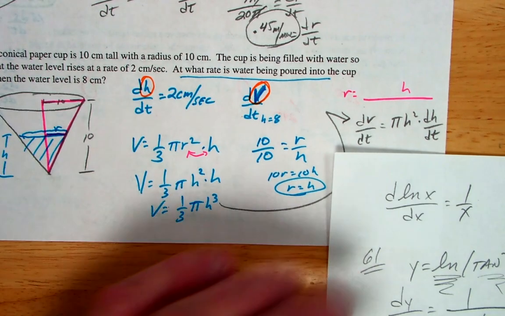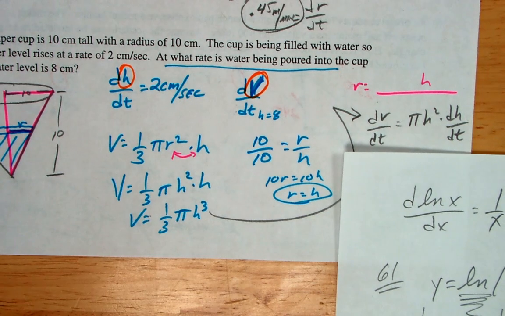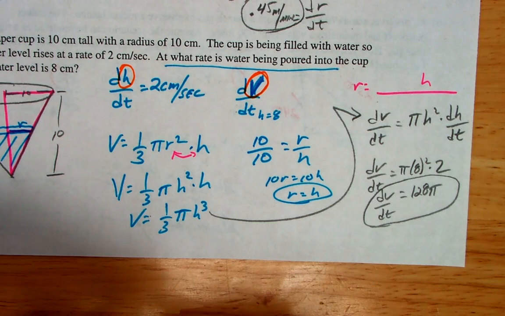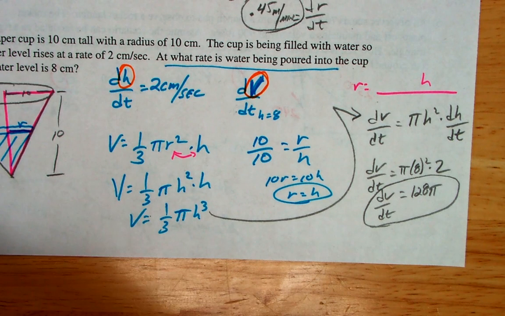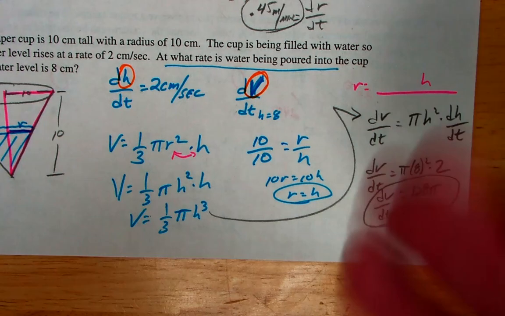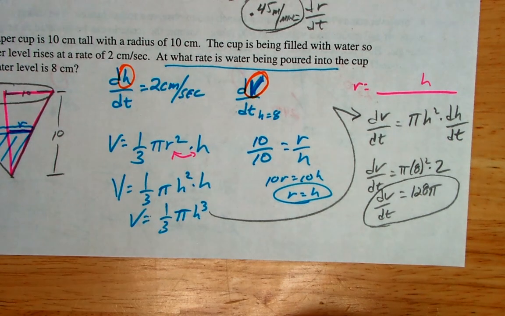Are you here? dV/dt equals pi H squared dH/dt. Okay, I just listened. You there? Yeah. Okay, so now what do we do? Plug things in. After you differentiate, then the gates of substitution are open. You can go ahead and put stuff in.